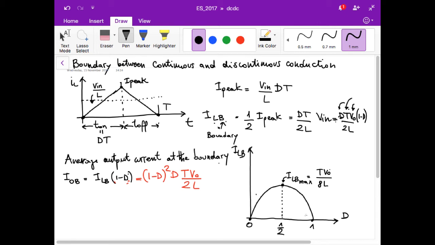So this is the behavior. This is the limit between continuous and discontinuous conduction as a function of D, which means that above this curve we are in continuous conduction, and if the average current in the inductor goes below this curve, we are in discontinuous conduction.